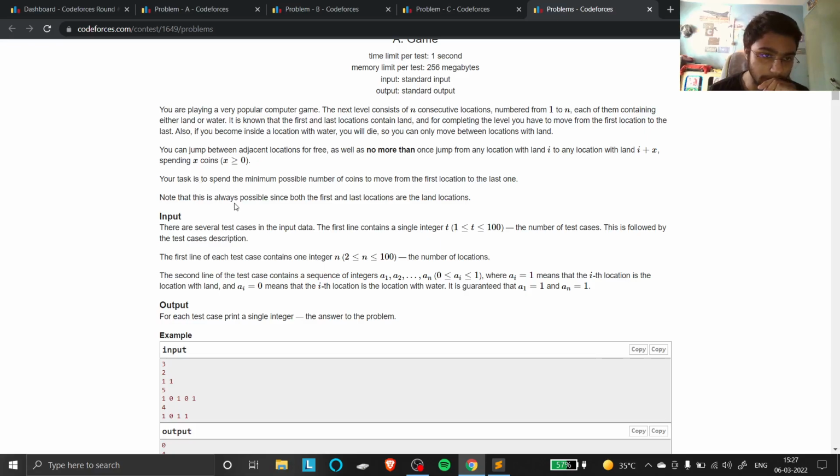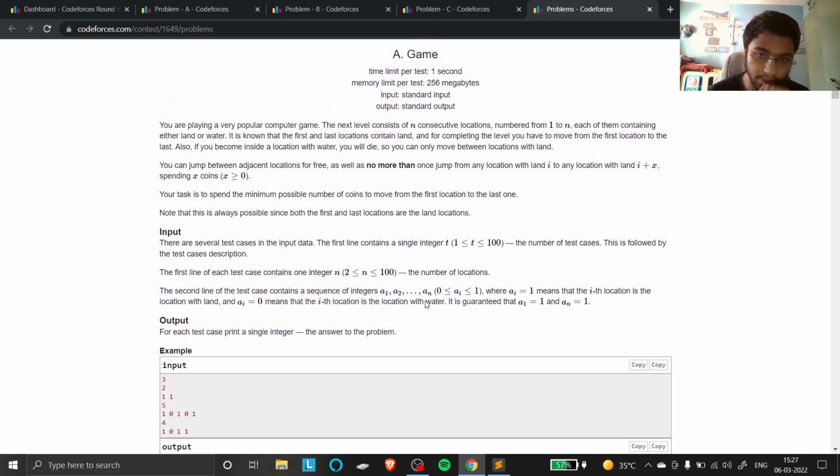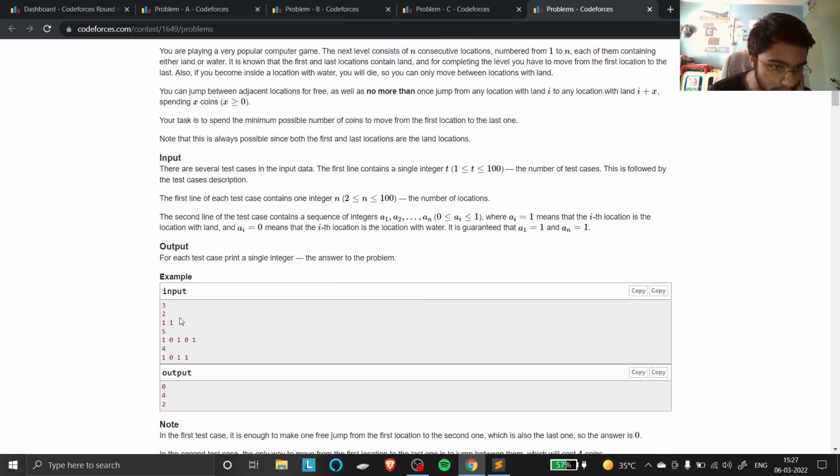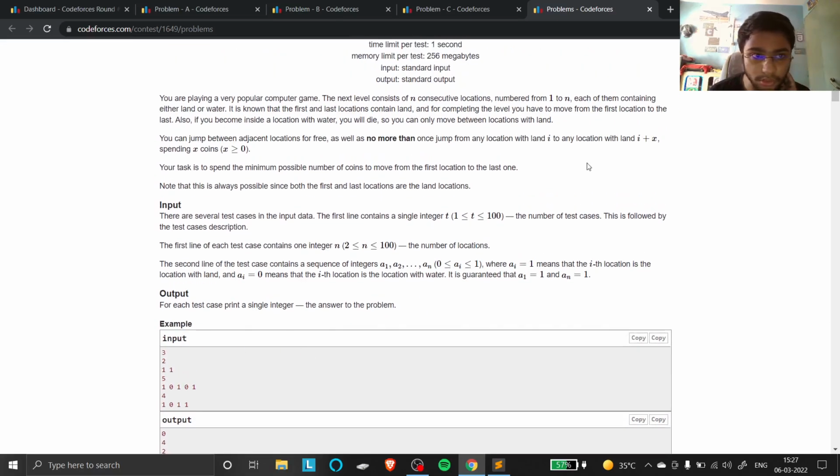Note that this is always possible since both locations are land. So we can move to adjacent for free.